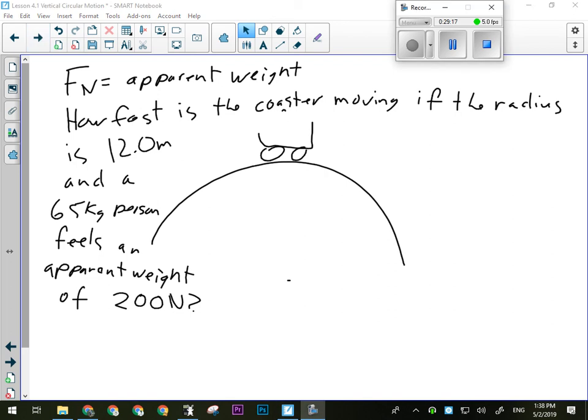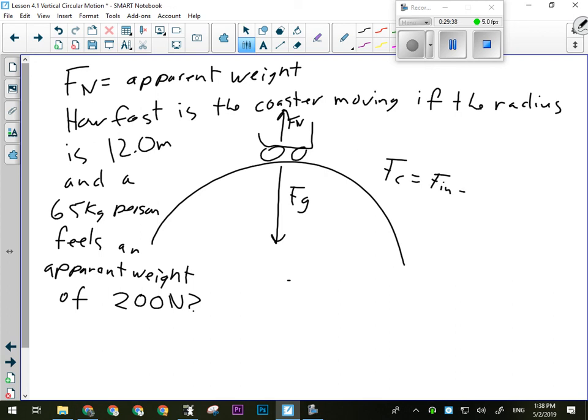Okay, so if we're looking at this situation, we're on the top of a vertical circle. We're told they do have an apparent weight, which means there is normal force acting out of the circle. Obviously, there's gravity acting into the circle. So now we can set up our Fc equals forces in minus forces out calculation.